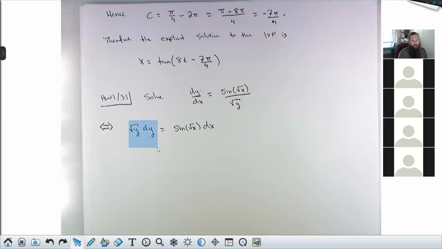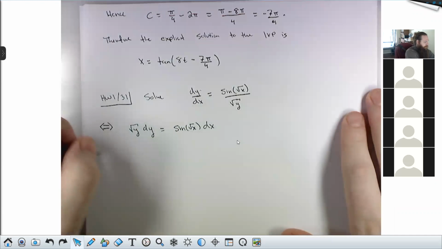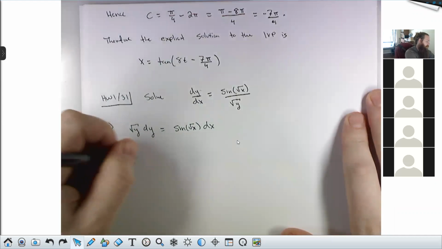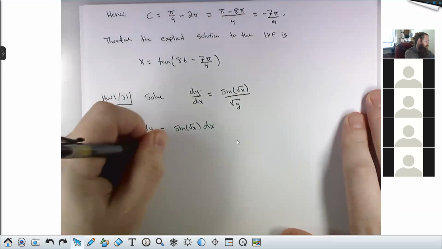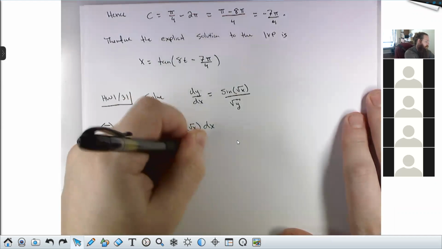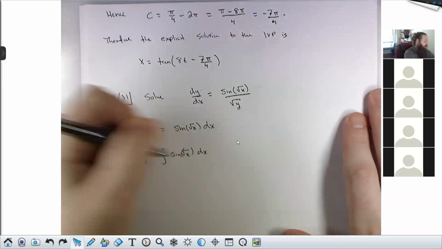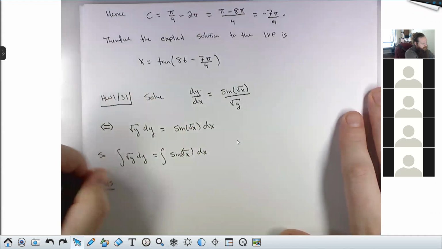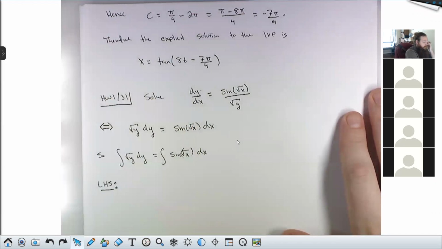The integral on the left is not going to be hard. The integral on the right is a little tricky though. Does anybody know how to integrate the sine of the square root of x? I'll go ahead and do the left-hand side integral.